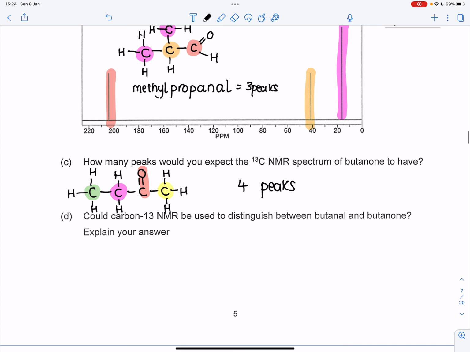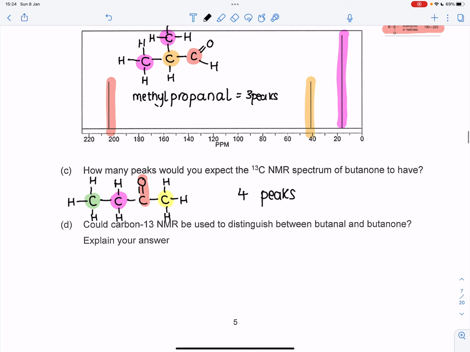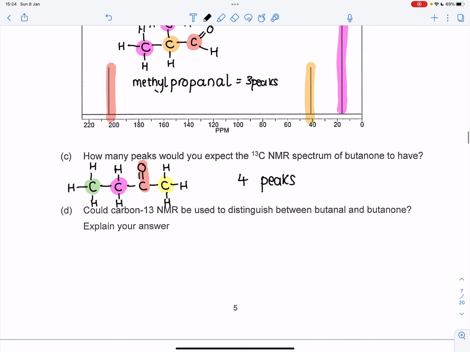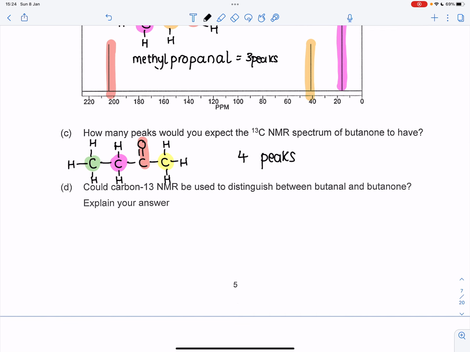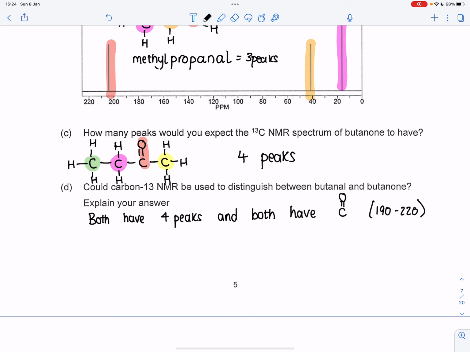And the question then says, could carbon-13 be used to distinguish between butanol and butanone? And although there will be some slight variations, what we need to appreciate is that both have 4 peaks, and both have the same functional group, the C double bond O aldehyde ketone 190 to 220.